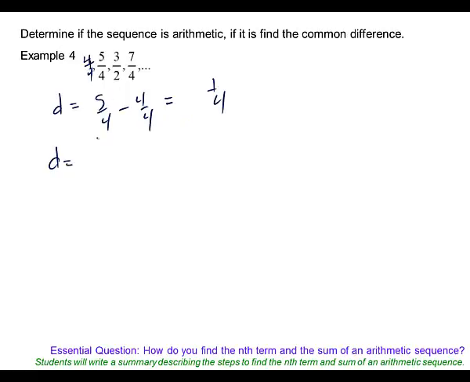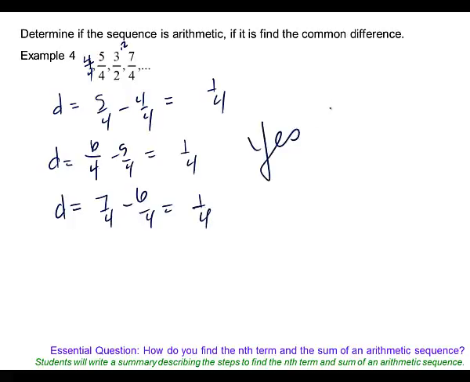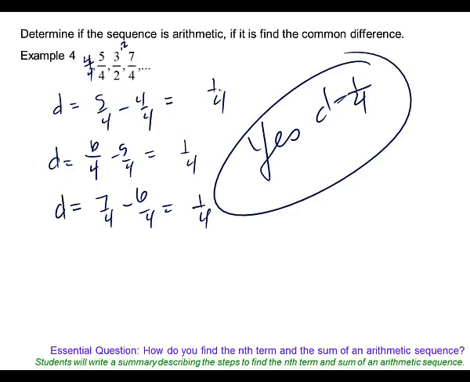So instead of writing 3/2, what's that in fourths? 6/4 minus 5/4 is, so it's looking good. I'm going to check one more just to make sure. So 7/4 minus, and I'm going to use that 6/4 again. What do we get? Did it work? Yes, and the difference is 1/4.